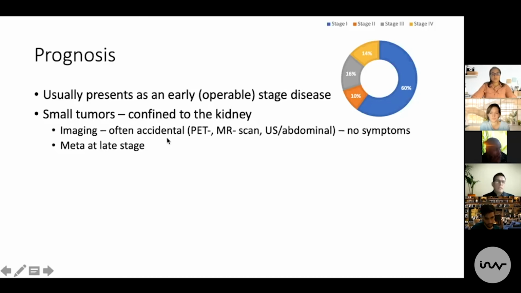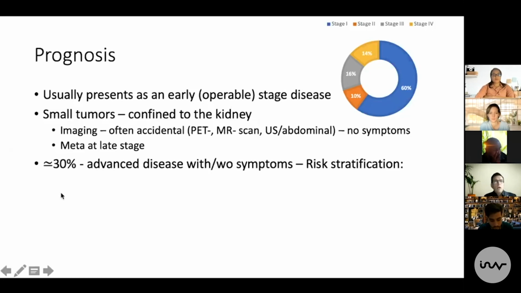Also because, as I said, renal cancer gives usually metastasis at late stages, not unlike, for example, melanoma or small cell lung cancer, which give metastasis at a very early stage.